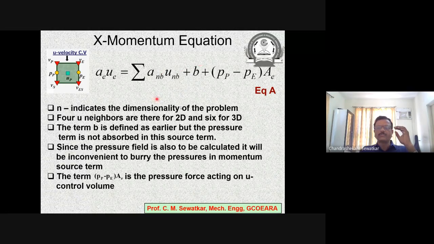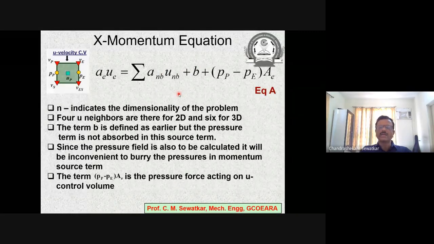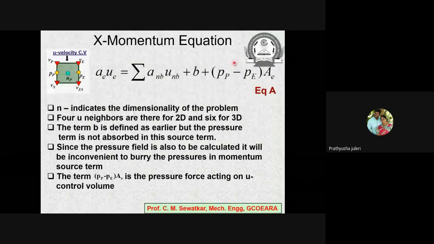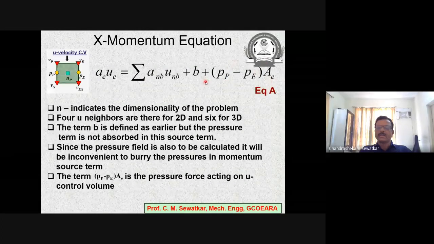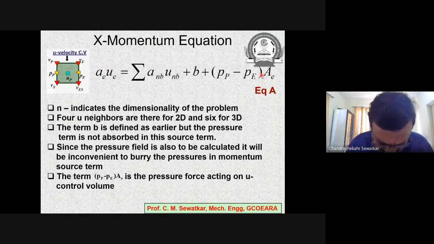For all the velocities we do that, and we write the pressure terms separately: Pp minus Pe. The total pressure force acting on the faces is multiplied by A. And whatever is remaining is kept inside B. So this is a form of the equation. We have just written it in a different form, nothing else.